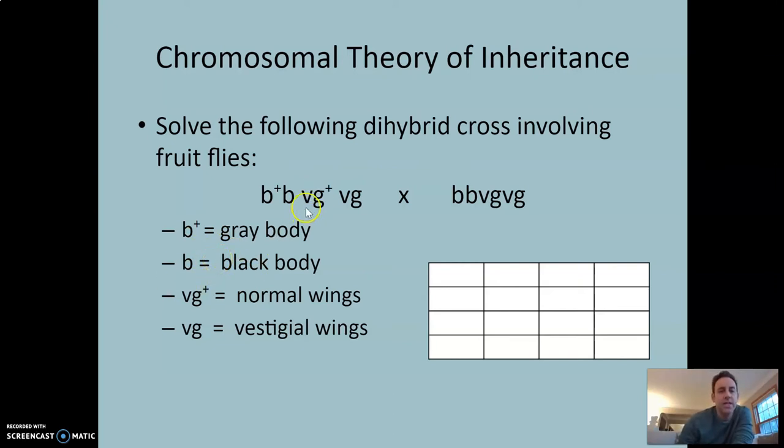And then VG refers to the wings, where the wild type wings, normal wings, are VG+, and then what are called vestigial wings, or these kind of non-functional wings, are VG. So if we have a fly that is heterozygous for body color and wing type, crossed with a homozygous recessive fly, what happens? Well, let's do the Punnett square and find out.